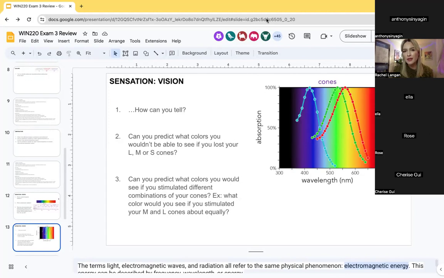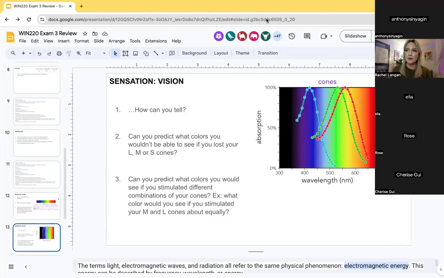Yeah, so basically what all of these do, whether it's rods or cones, is they get a photon of light, and in response to that photon of light, they actually close sodium channels. So they hyperpolarize to light. And the more photons of light there are, the more they hyperpolarize.